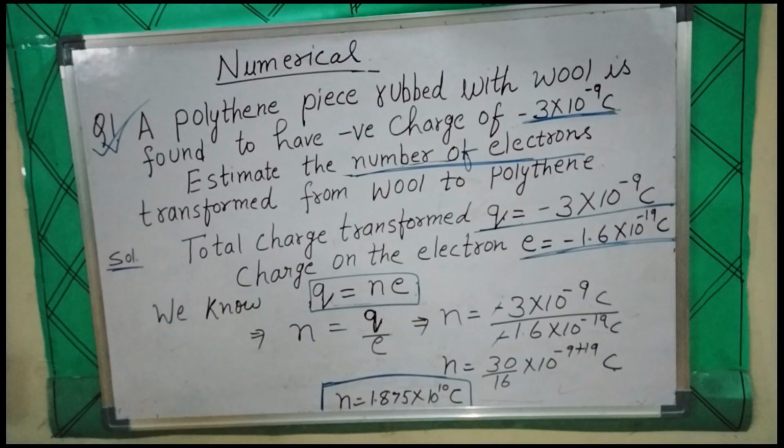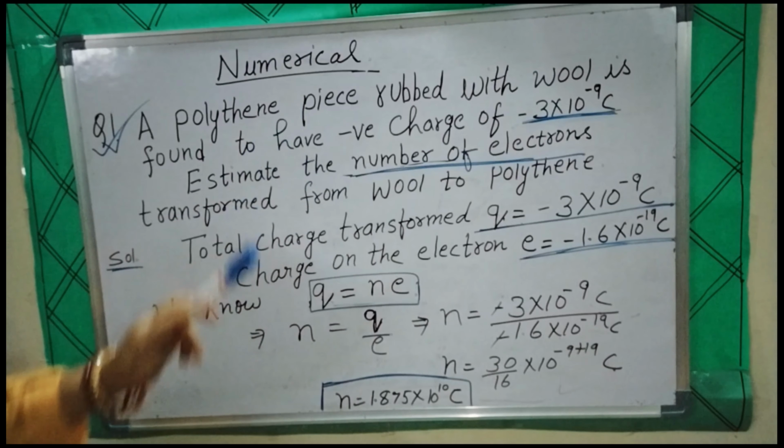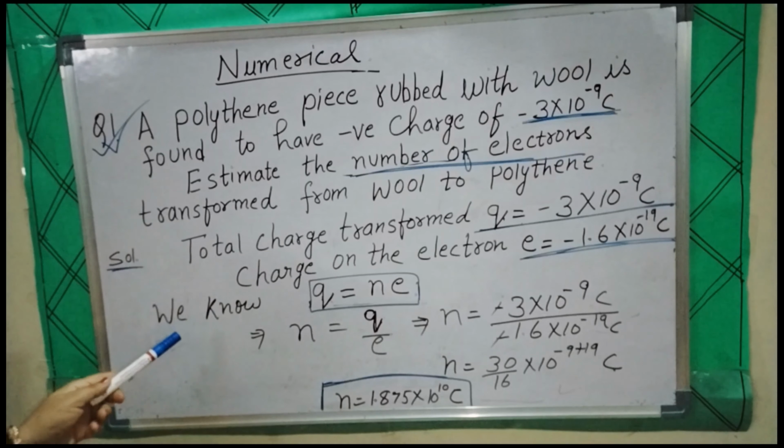After solving this, we get n is equal to 1.875 into 10 to the power 10. So this is the number of electrons transferred from wool to polythene. This problem is based on quantization of charge.